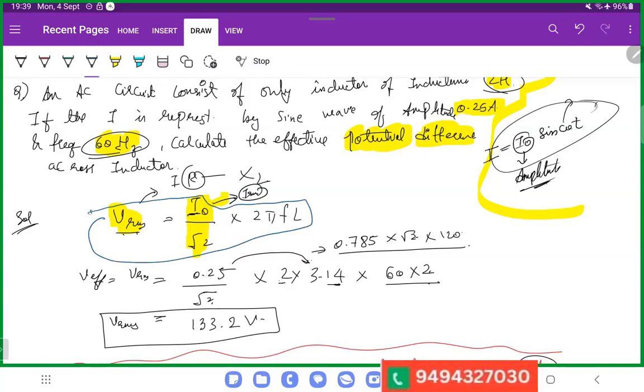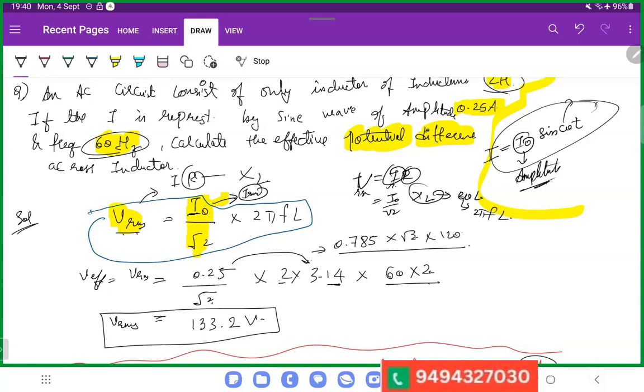XL means omega L, and omega equals 2 pi F. Don't get confused: V equals IR, and I and V are both RMS values, so convert into this one: I naught by root 2. R here is resistance, and for an inductor it is XL. XL I can write as omega L, and omega as 2 pi FL.